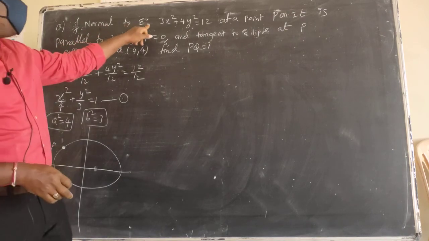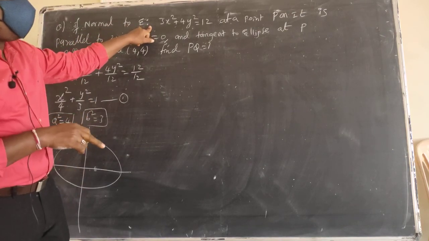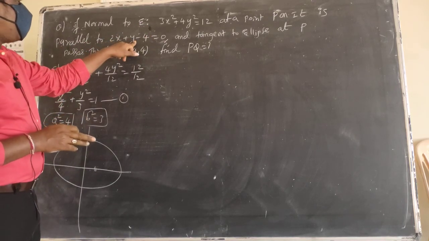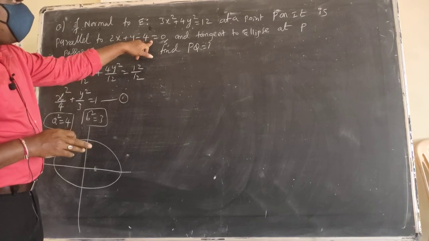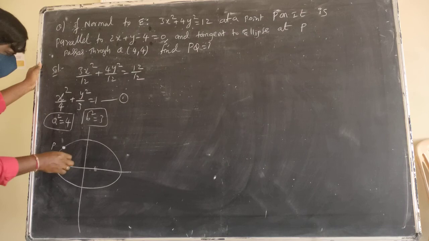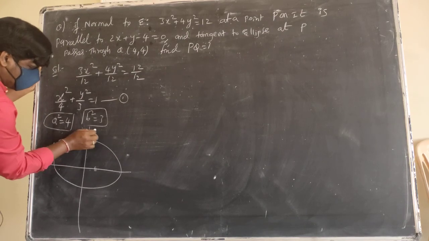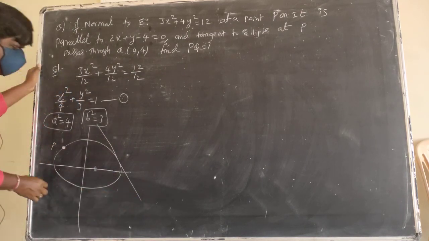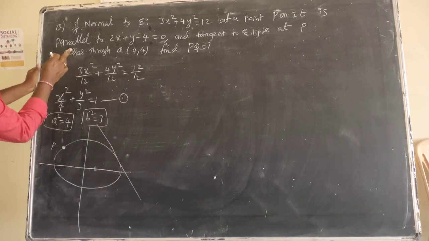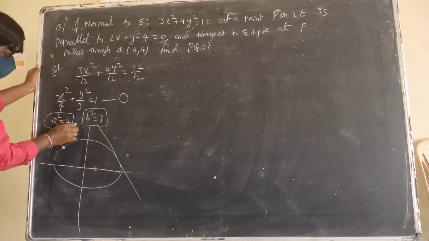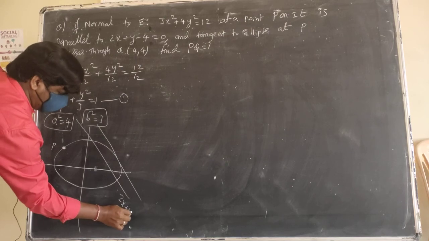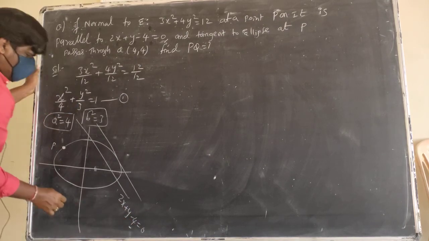If a normal to the ellipse at a point P on it is parallel to 2x plus y minus 4 equal to 0, and the tangent to the ellipse at P. See here, one tangent is there. For that tangent, a line is parallel. Let us take the line 2x plus y minus 4 equal to 0. So this is the tangent.